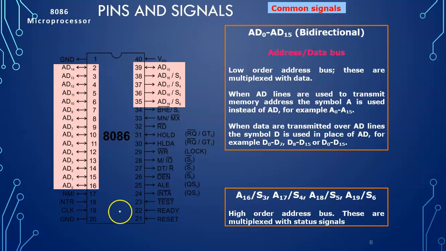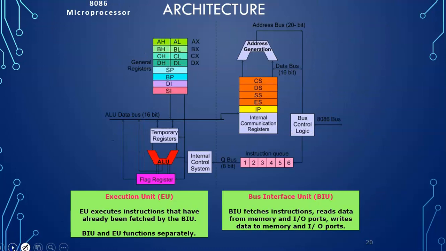This is just introduction. As you know, 8086 consists of 40 pins. So these are the pins. So here is the clock. Clock is supposed to be a pin out of a microprocessor. Okay, this is the architecture.